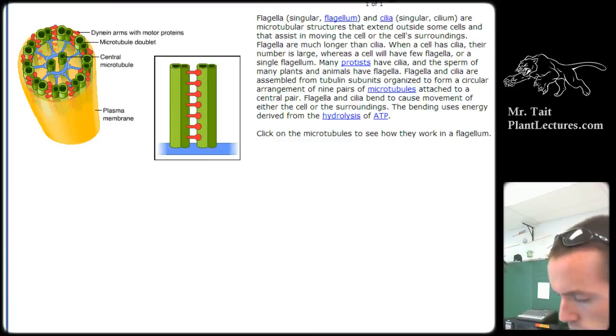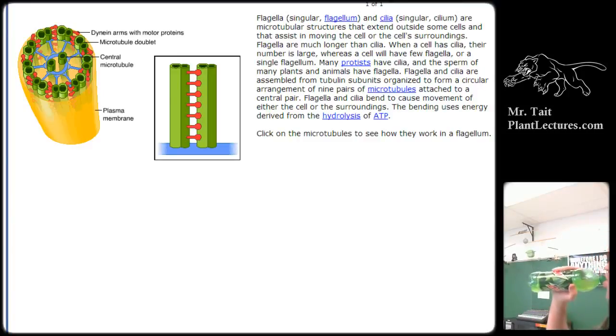Flagella, or singular flagellum, and cilia, or singular cilium, are microtubular structures that extend outside some cells and that assist in moving the cell or the cell's surroundings. Flagella are much longer than cilia. When a cell has cilia, their number is large, whereas a cell will have few flagella, or a single flagellum. Many protists have cilia, and the sperm of many plants and animals have flagella.